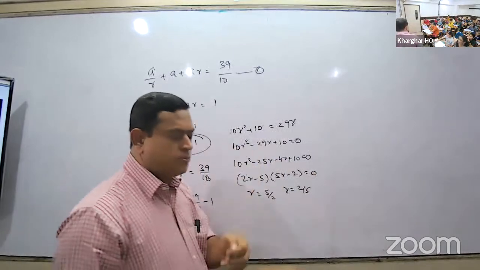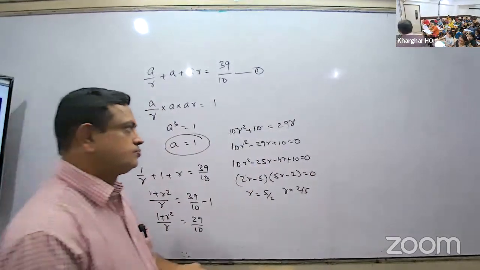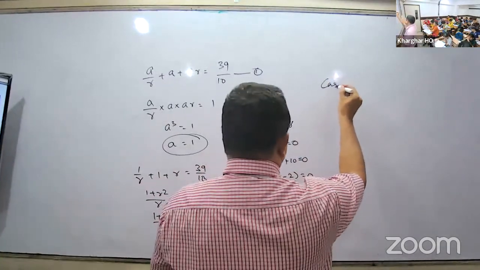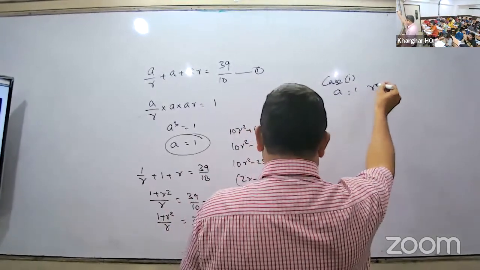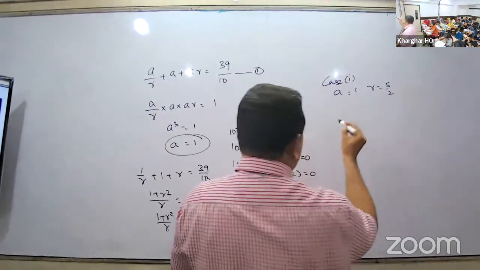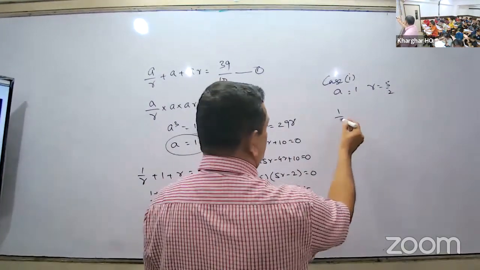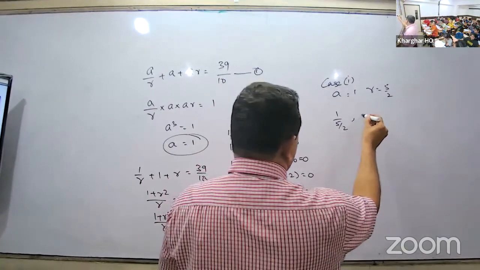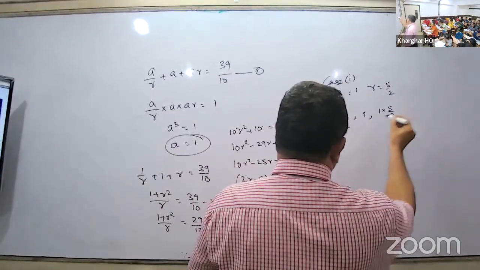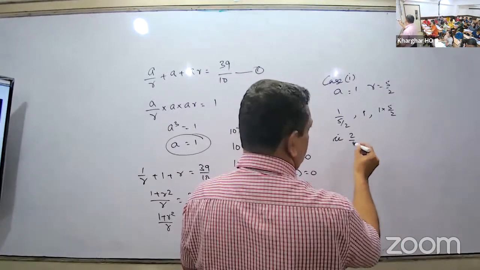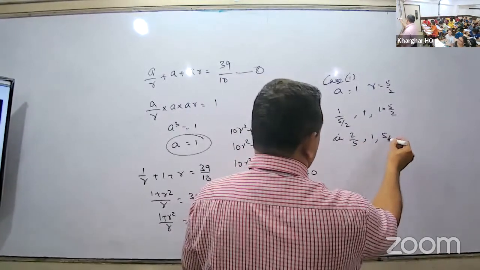Two cases. Case 1: A is equal to 1 and R is equal to 5 by 2. The numbers are A by R, 1 upon 5 by 2, that is 2 by 5; A, that is 1; AR, 1 into 5 by 2. That is 2 by 5, 1, 5 by 2.